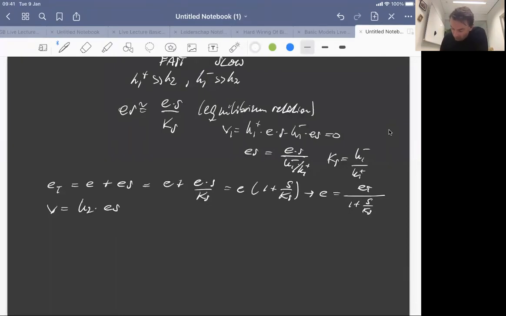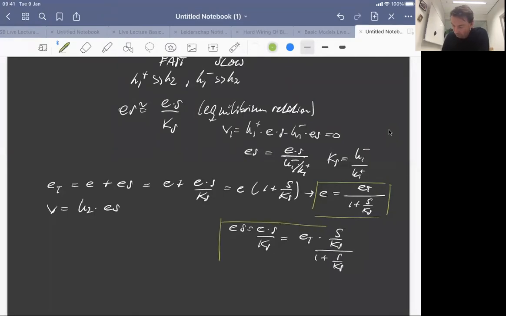Now we also know, so this is the first result, that at thermodynamic equilibrium this relationship holds. And we also know that ES is E times S divided by Ks. So we can substitute this relationship, and then you get this, which is now the relationship for ES.